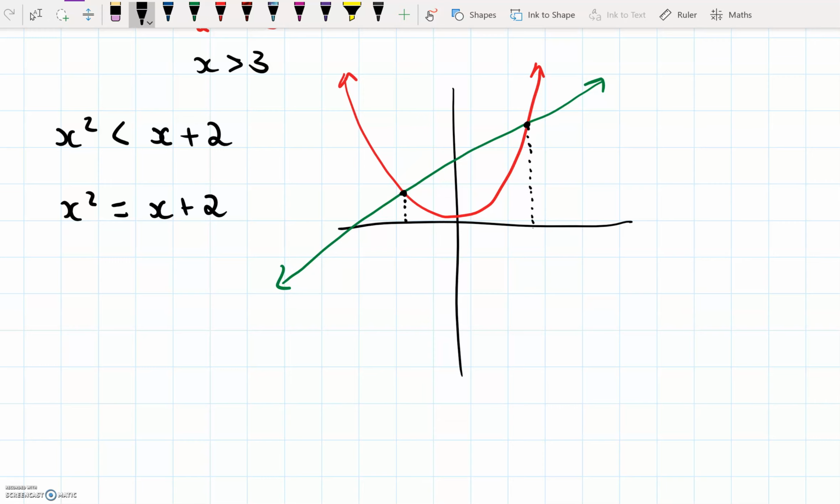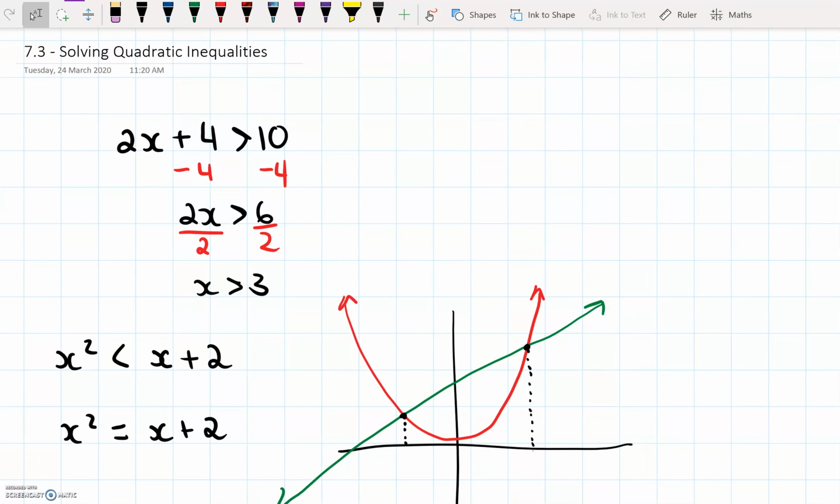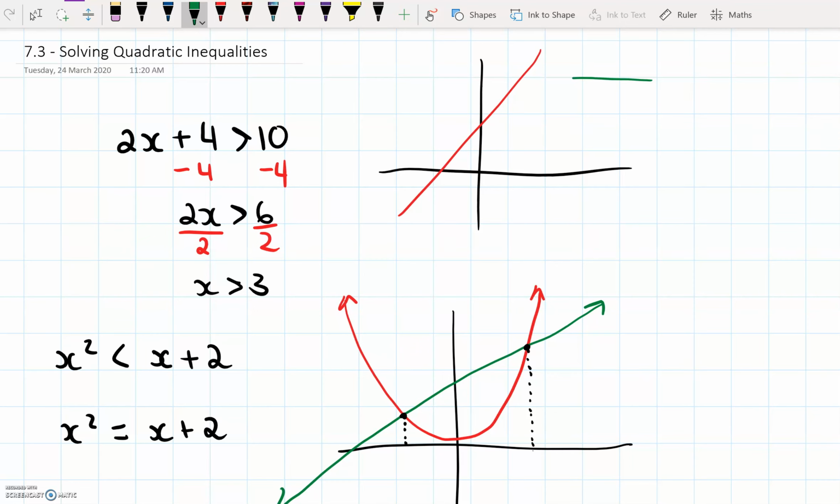Now people quite often ask me why we do that. With a linear inequality, when we go back up here, you only get one answer. You get x is greater than 3. Done. And what that actually looks like, if we look at it graphically, we have 2x plus 4, so we have a line like this, and we have where is it greater than 10?